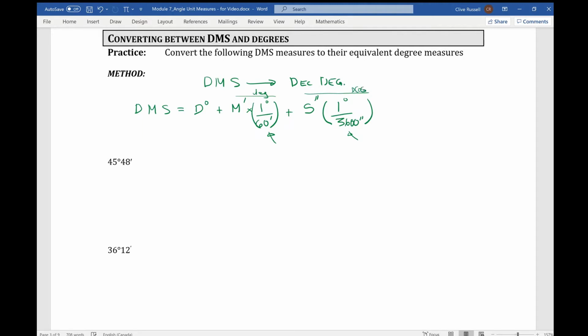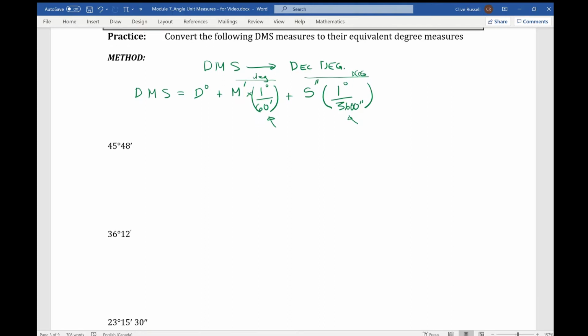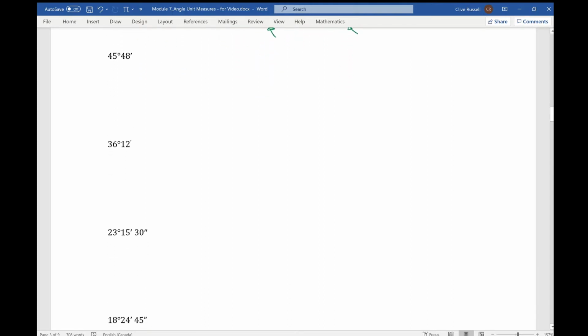D-E-G. All right, so let's do one example for you. And that should be it. Let's do this example here. What we have is 23 degrees, 15 minutes, and 30 seconds.